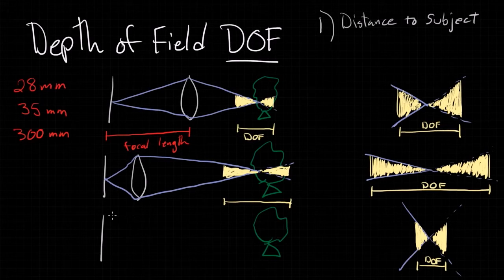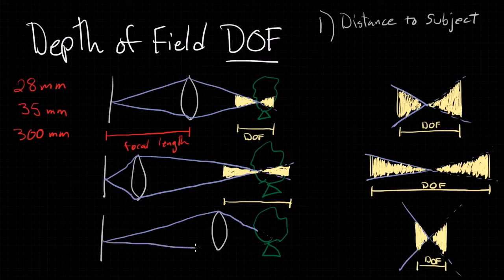Now we're going to move the lens a lot farther from the film, and as you can see, that's now going to achieve a nice shallow depth of field because the light is going to be spreading apart much more quickly than before with a nice short focal length.